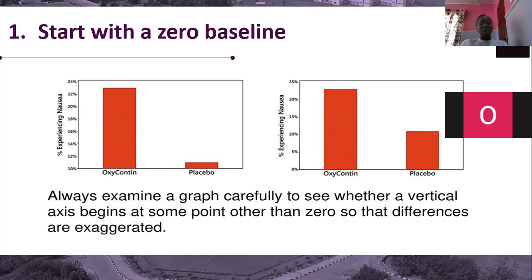It makes it look like the first bar, that's oxycodone, has a larger difference from the second bar, which in reality is not so. But when you plot it on another graph that starts at zero, like the one on the right-hand side, you can see that the difference is actually not that much. So it's always good to start with the zero baseline so you don't confuse people that are looking at the visualization.